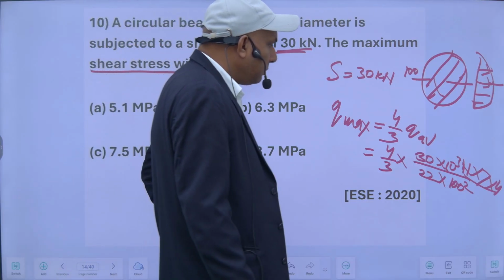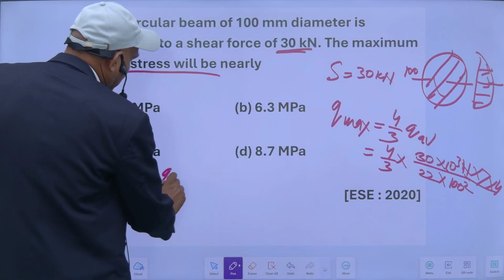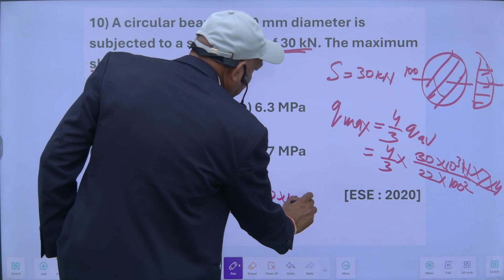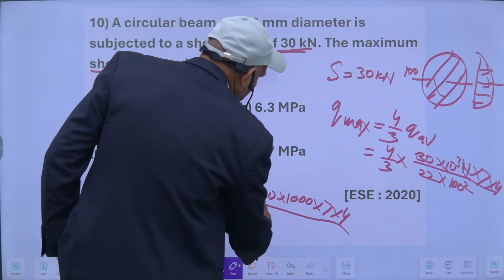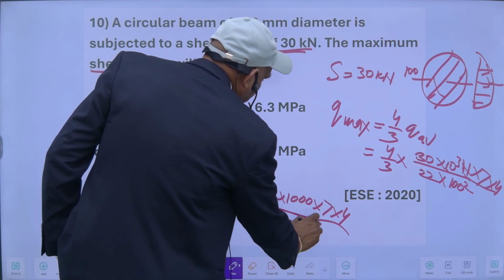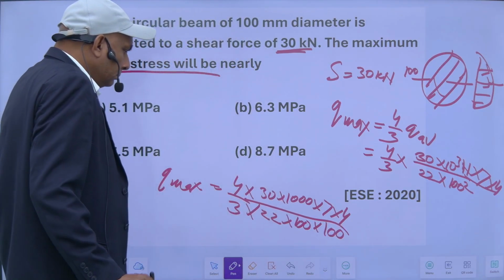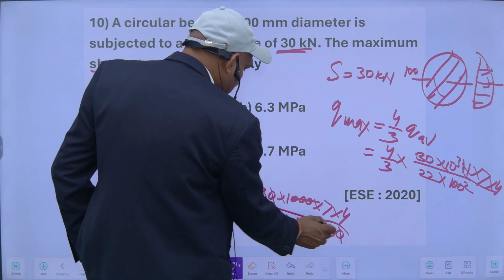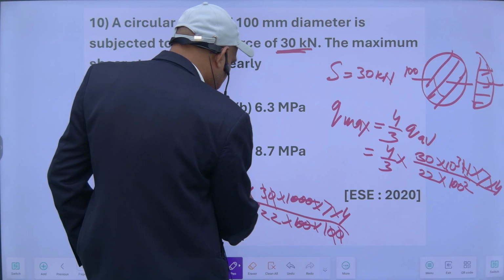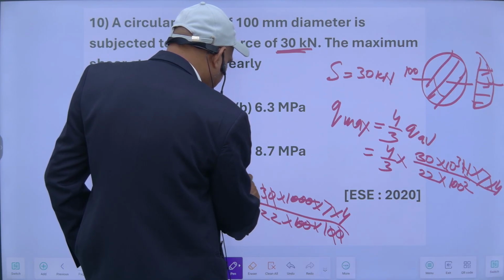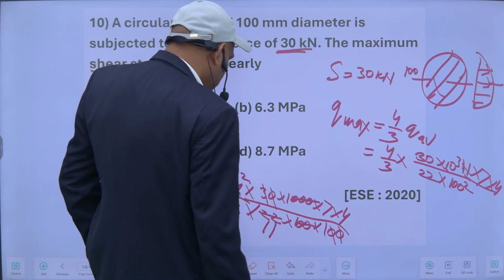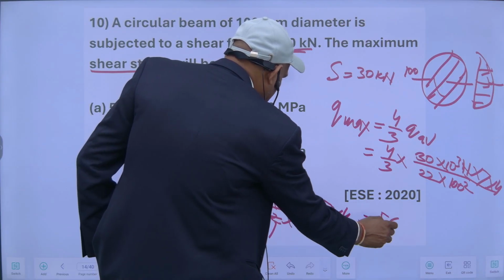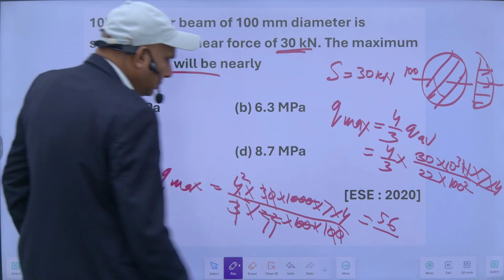So this will be the formula. Q max is equal to 4 by 3, so it will be 56 upon 11.